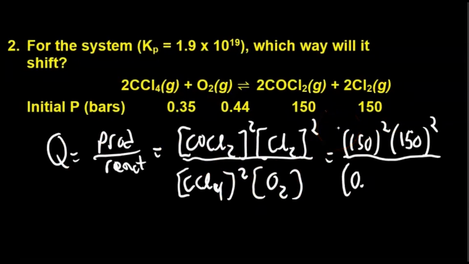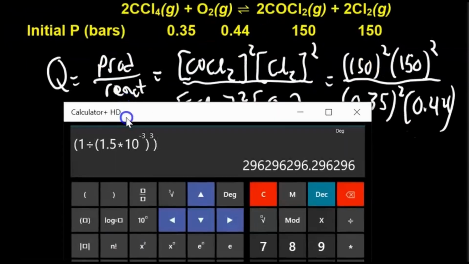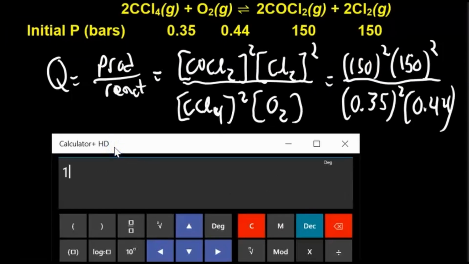Where are we? Okay, so we're just putting in the pressures of the reactants. So 0.35 squared and 0.44. Okay, so we'll plug that into our calculator. 150 squared divided by brackets, 0.35 squared times 0.44.